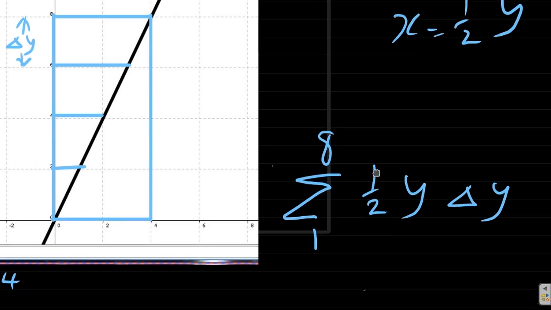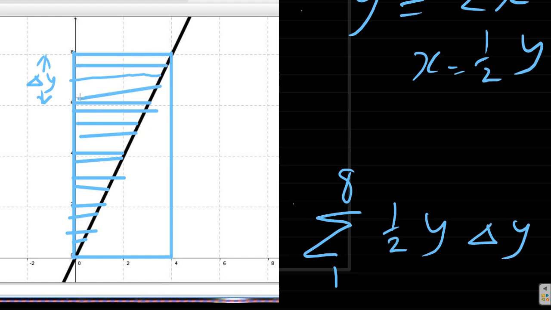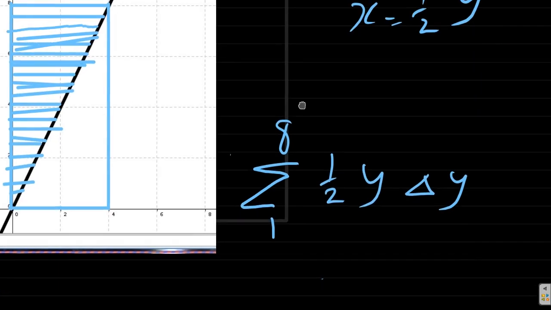Now, if we cut this up into more and more trapeziums, we get trapeziums whose width becomes closer and closer to 0, right?